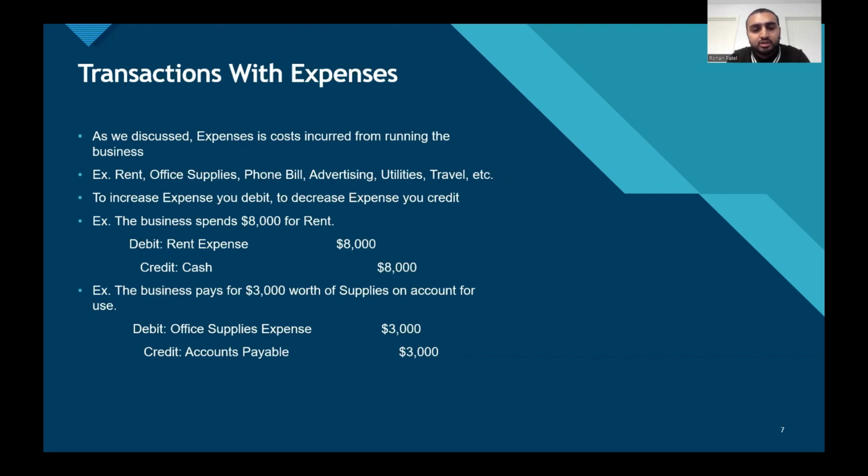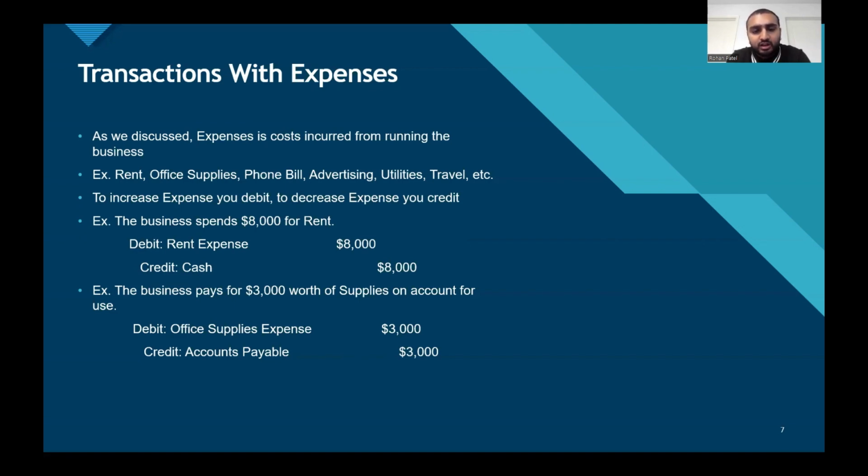Office supplies could be anything from pens, pencils, staplers, basically anything that helps the business function, right? That's why we record it as an expense more than an asset, perhaps. So since office supplies expense is an expense account, we are increasing it in this transaction for $3,000. So that's why we debit it.